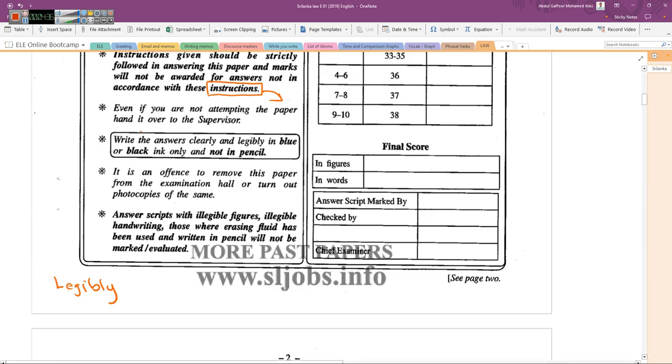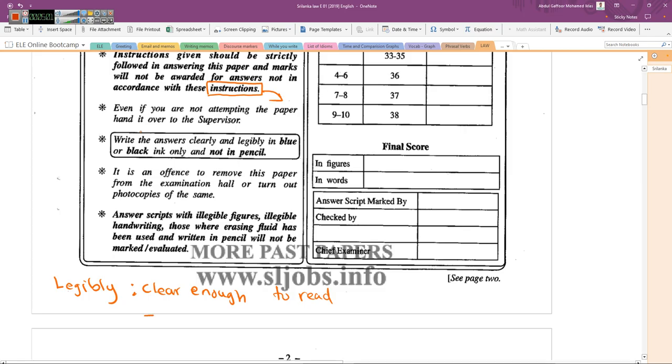Legibly means clear enough to read. When the examiner is correcting your paper, if your handwriting is appalling, he will struggle or he will be annoyed. So you have to write the answer clearly.